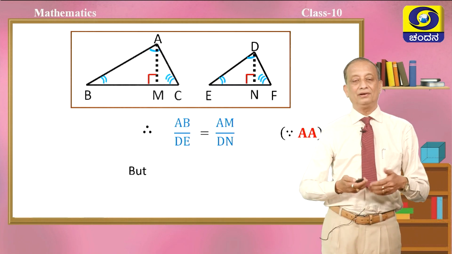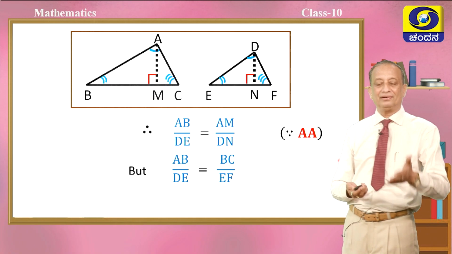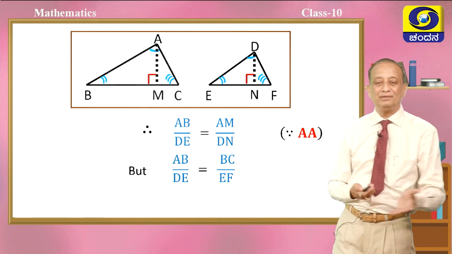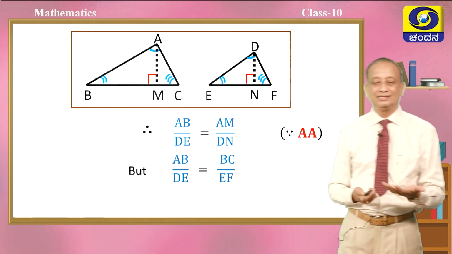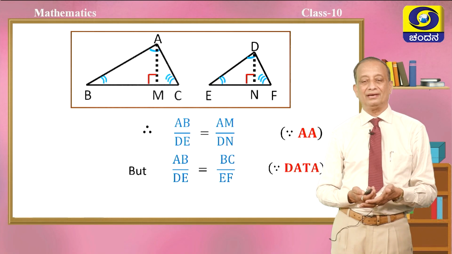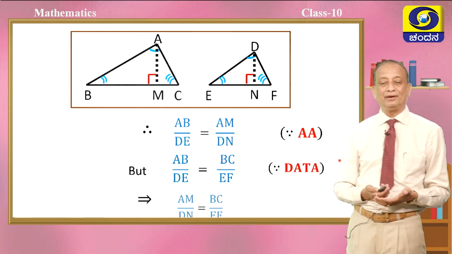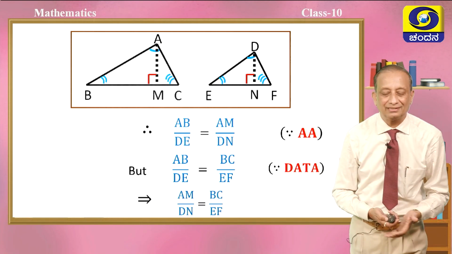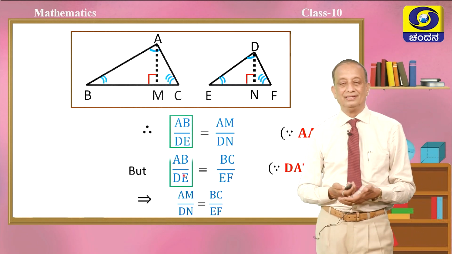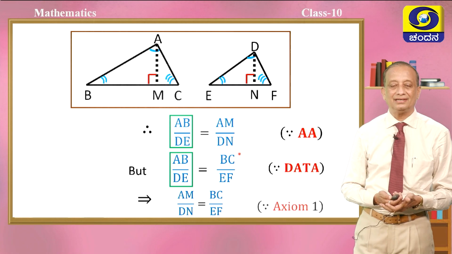But we already know that the same left hand side, the AB by DE ratio, is already equal to BC by EF because they are equiangular. By data you can say that they are equiangular. So now compare the left hand sides of the above two proportions. Can you decide that the two right hand sides are equal?